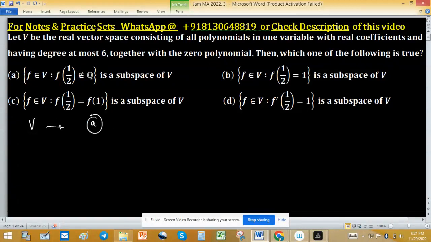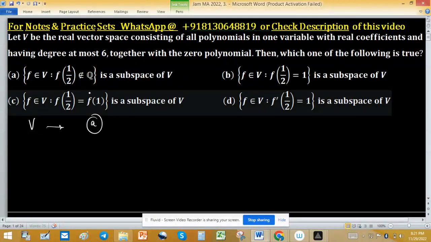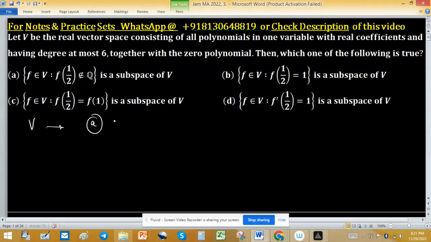Option A: the set given in option A is a subspace? If any set forms a subspace, then it is necessary that it contains a zero vector or zero element. So consider f(x) equals 0. This is the zero vector. Now we check whether this function is in the set given in option A or not.